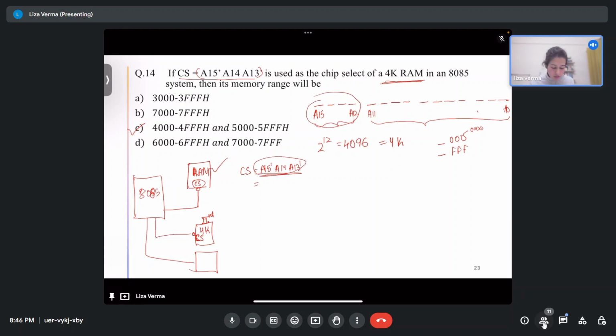Because if the chip select of the second RAM is also the same, then 8085 won't know where to send data or where to get data from. That is why I said all of the chips have their own chip selects, and that is our choice, or the manufacturer's, what chip select we're going to use.